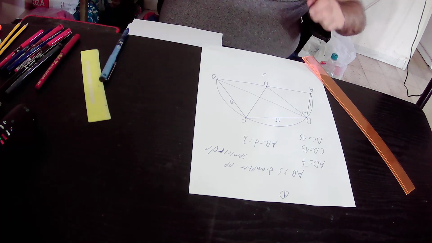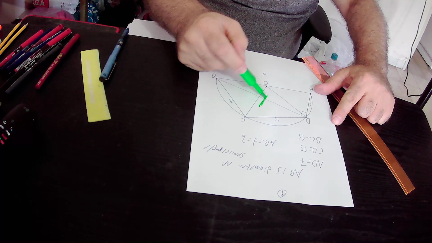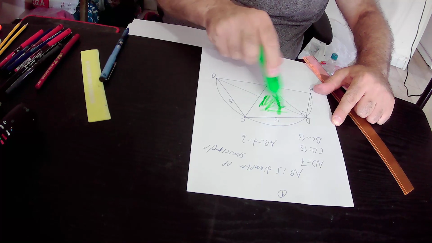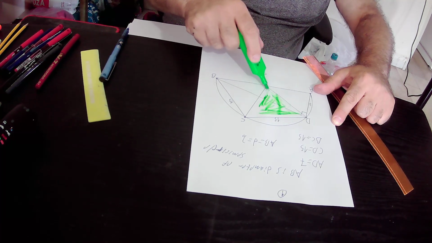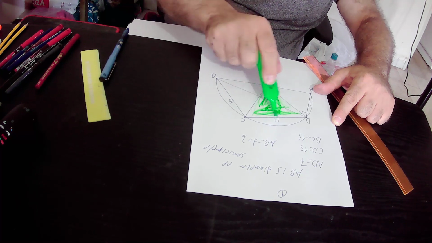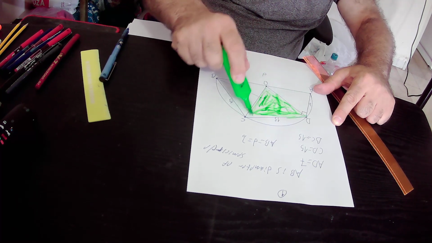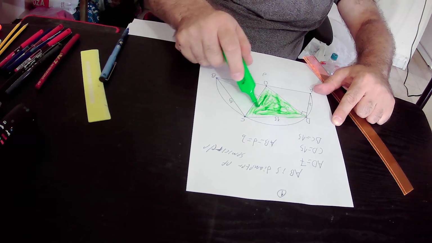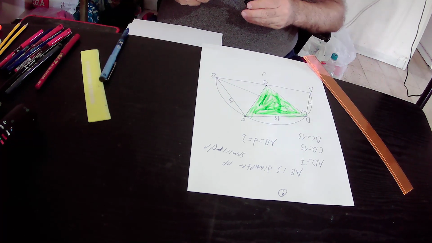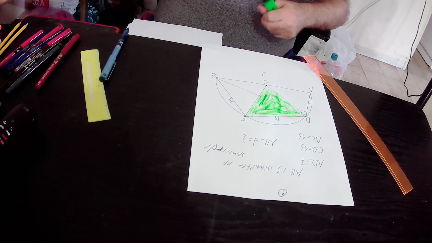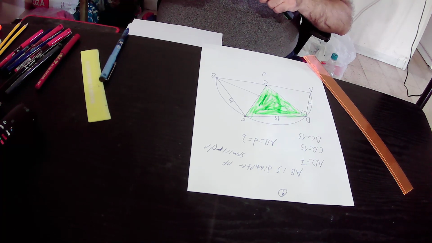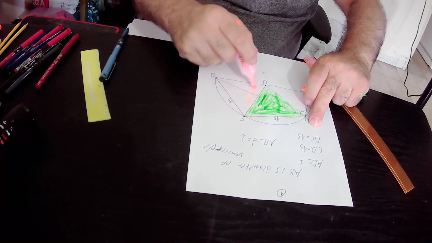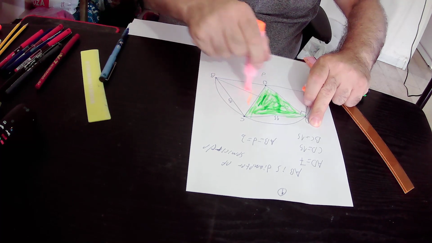We will focus on the green triangle, that is actually triangle COD, and we will also focus on the orange triangle, triangle BOC.